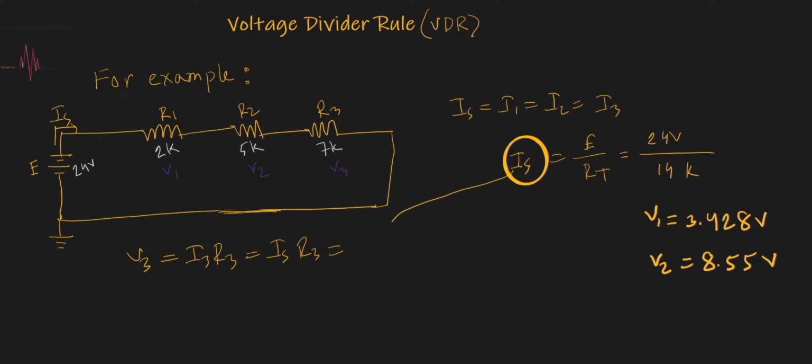Now we'll use the value of Is, 24 over 14, and this is the value of the third resistor. So V3 is 11.97 volt.